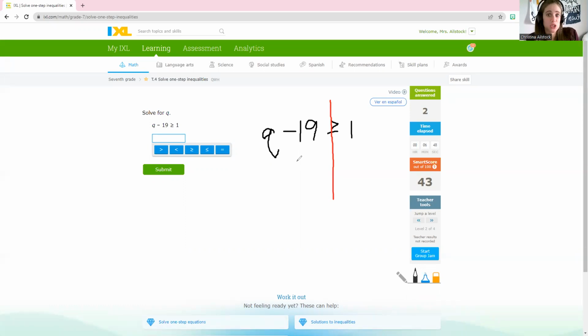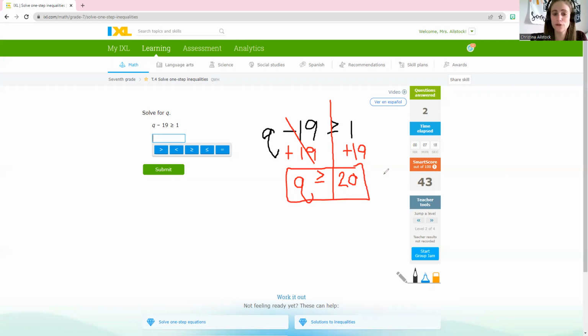What's the opposite of subtracting a number? Adding a number. So we're going to add 19 to both sides. Negative 19 plus 19 is 0, so that goes away, just like we had hoped, and we're left with just Q all by himself. Bring down your inequality sign. 1 plus 19 is 20, and we are done. We have solved for Q.